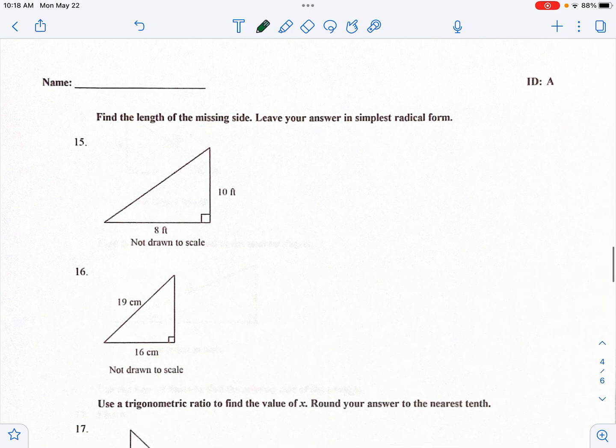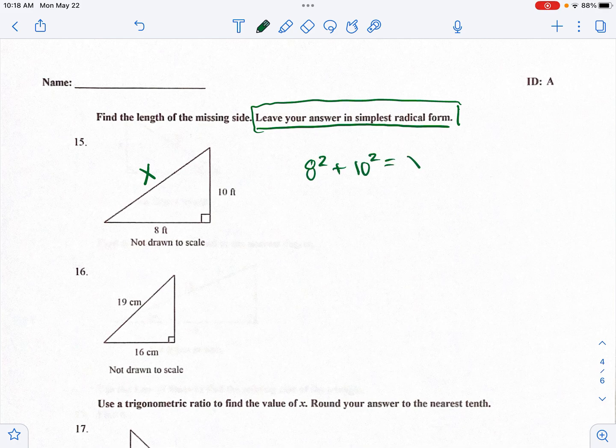Number 15 and 16 are both the Pythagorean theorem. Notice on this one we want to leave our answer in simplest radical form. So if I call my hypotenuse x in this one, it's just going to be 8 squared plus 10 squared is x squared. And we get 2 square root of 41.